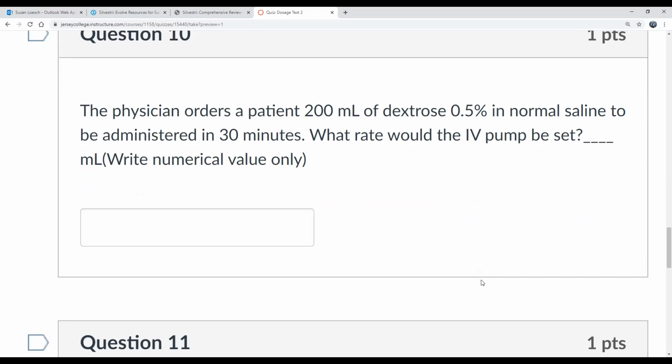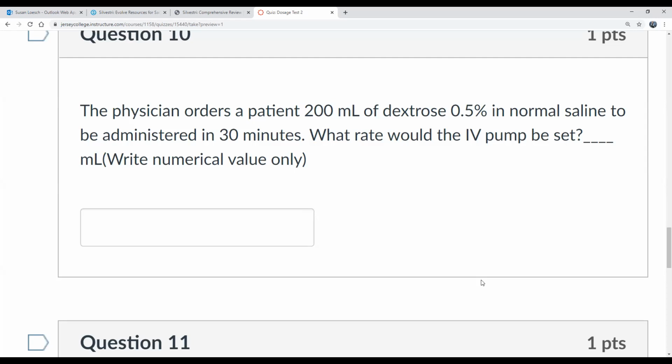All right, what's it asking you? It's really asking you mLs per hour here, okay? So in order for you to calculate that, how does your time have to be? In hours.